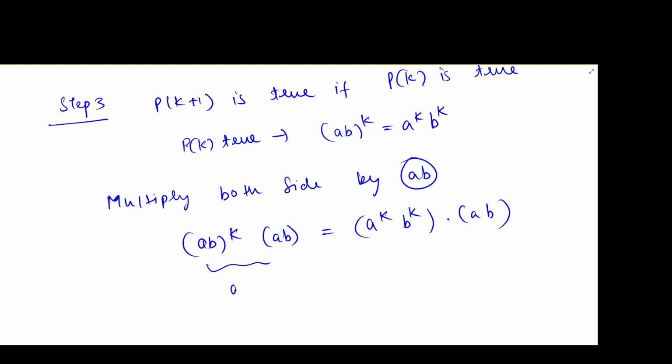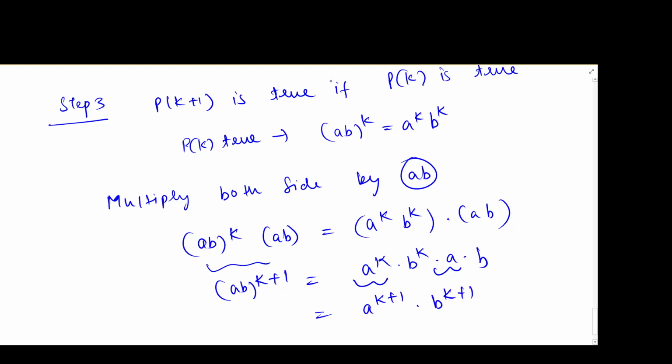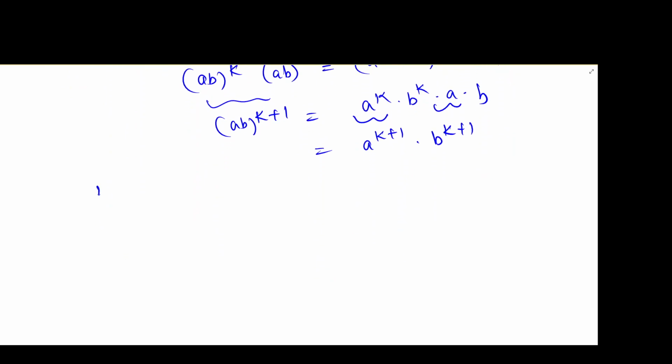We can write this as (ab) to the power k plus 1, and rearranging the terms, a to the power k plus 1 times b to the power k plus 1. Therefore (ab) to the power k plus 1 is equal to a to the power k plus 1 times b to the power k plus 1.